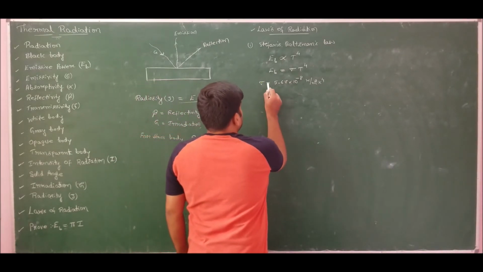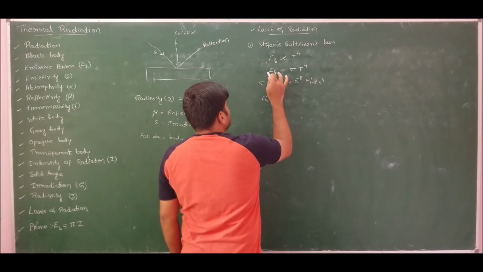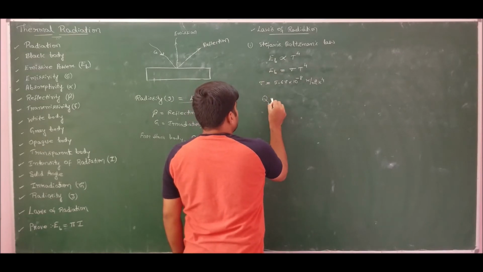Now, the amount of energy radiated can be determined as Q is equal to, we know that this is flux. So therefore, for a black body, multiply by area: sigma A T to the power of 4.